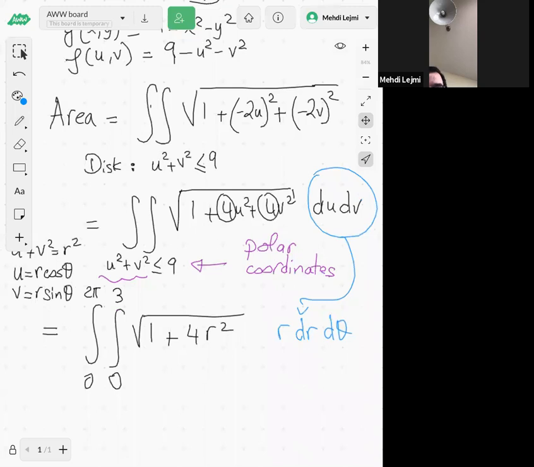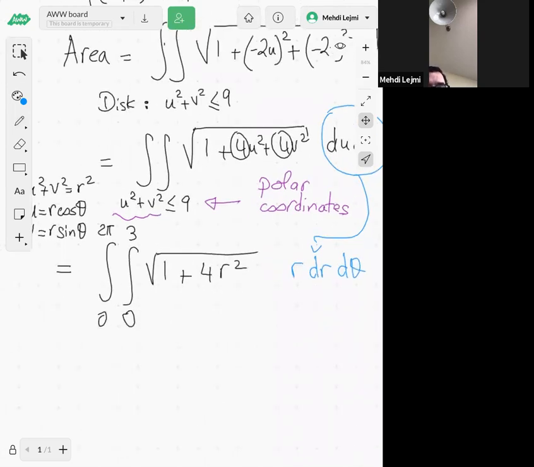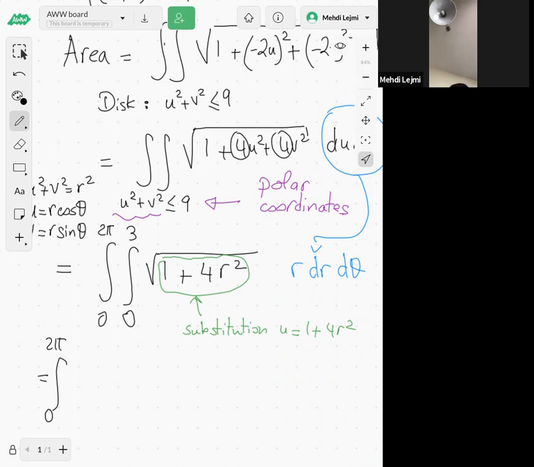And then this is not really hard to integrate because you can just use a substitution. Let's say u is 1 plus 4r squared, right? So du, of course, would be 8r.